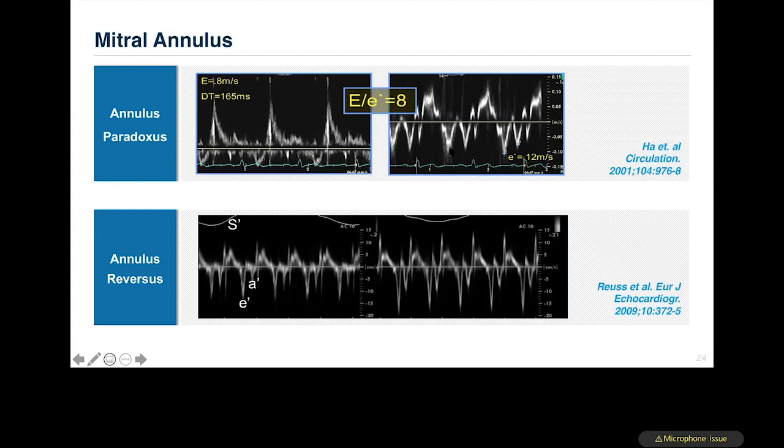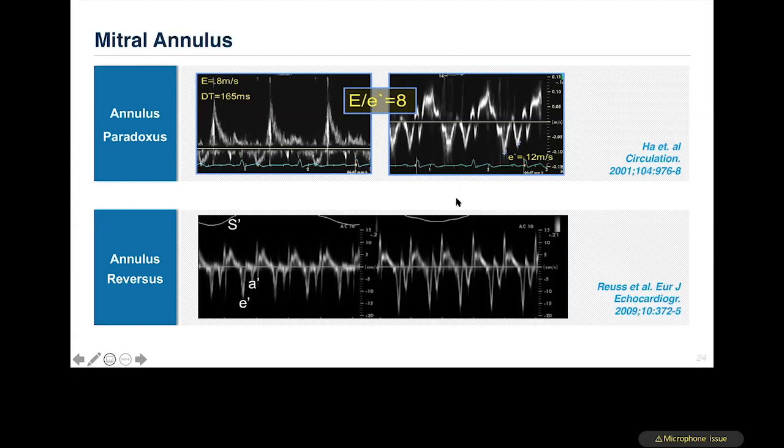Because of the exaggerated annular motion, the E by E prime ratio remains normal or low normal. So this is called an annulus paradoxus in comparison to other situations in which heart failure because of myocardial diseases or restrictive cardiomyopathy would cause the E by E prime ratio to go up.